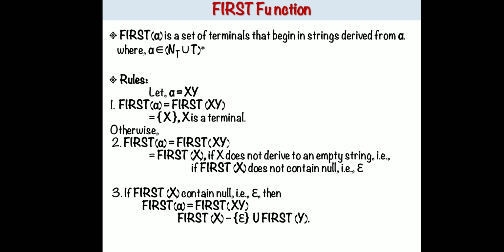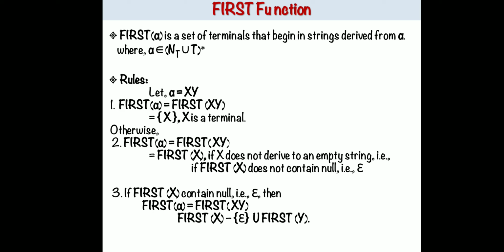Rule number 1: if there is a production alpha arrow XY, then first of alpha equals first of XY, where X is a terminal, meaning operators, parentheses, or small letters. Otherwise, if first of X does not contain null, then we only take first of X.